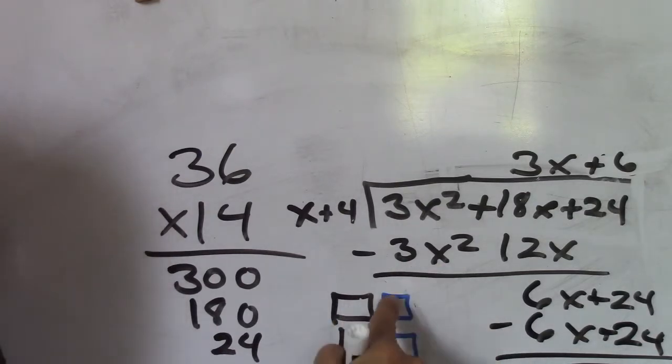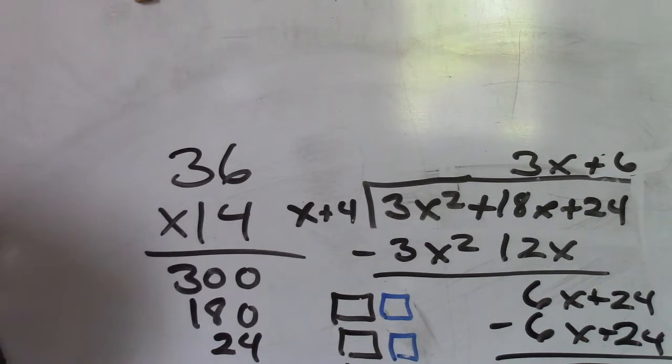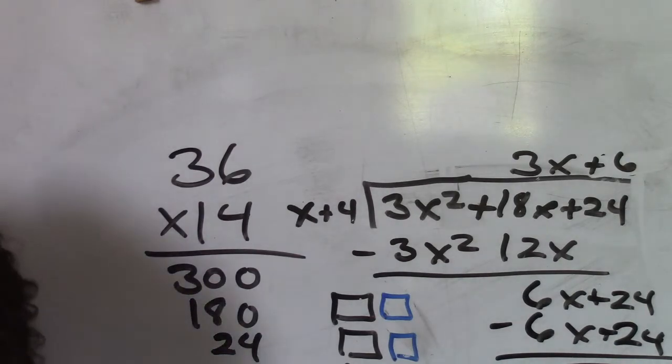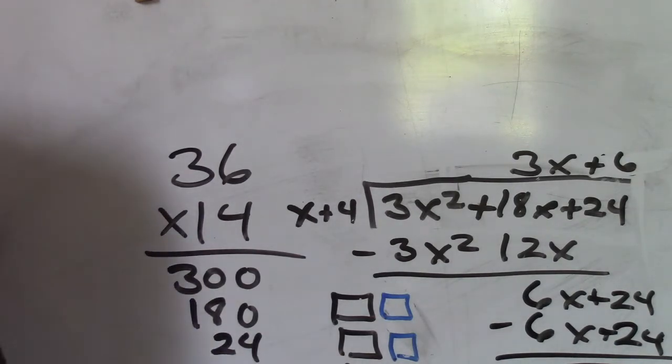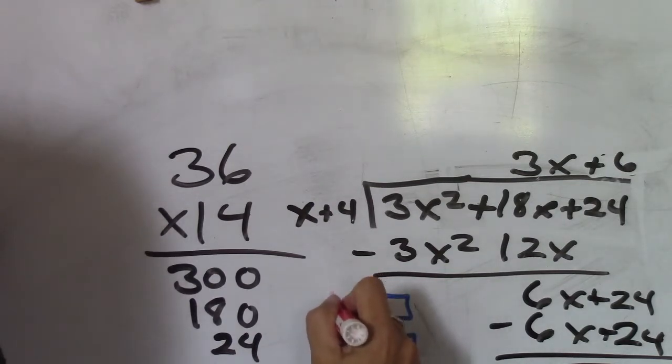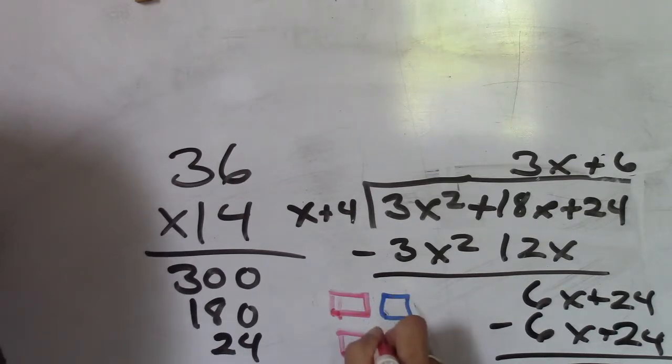That's the 3x squared plus the 12x. Done. And then down here, I'm going to have, these should be red squares, not black ones. There's my 6x, and then right here is going to be my 24. I just lost my red pen again. Here it is. All right. So see, we're doing drawing and not so much building with the blocks.